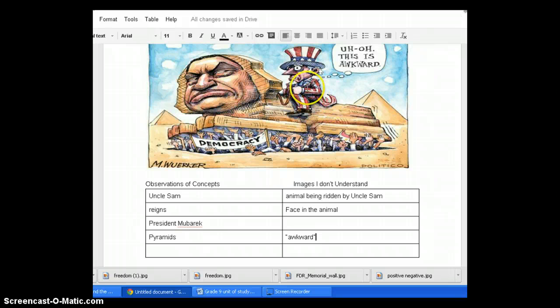So we find the United States in the form of Uncle Sam in the awkward position of being allied with a dictator leading his country at the same time that the people of the country are demanding the freedoms and demanding a democracy just like we value and promote in the United States.